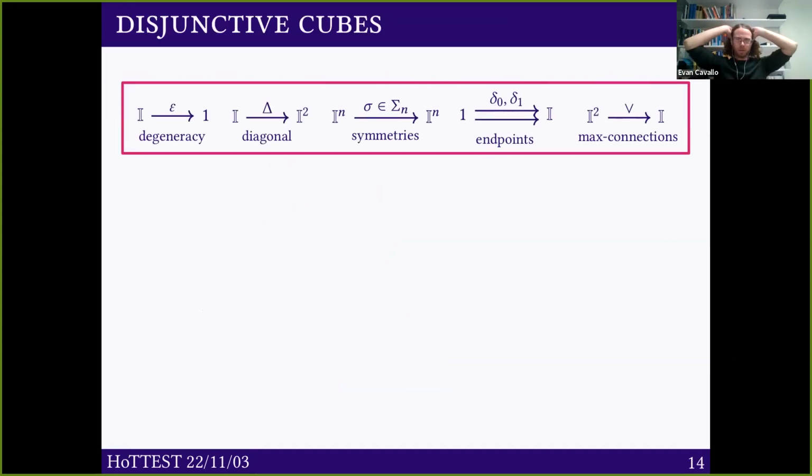But I said that this cube category was kind of nice. So let's see how that is. So here were my generating maps of this disjunctive cube category. We have those max connections.